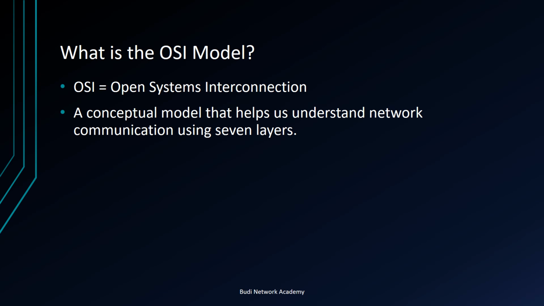It's important to understand that the OSI model is mainly a reference model for understanding networking. Real-world networking technologies don't always fit perfectly into just one OSI layer, but the model gives network engineers a common way to describe and troubleshoot communication.